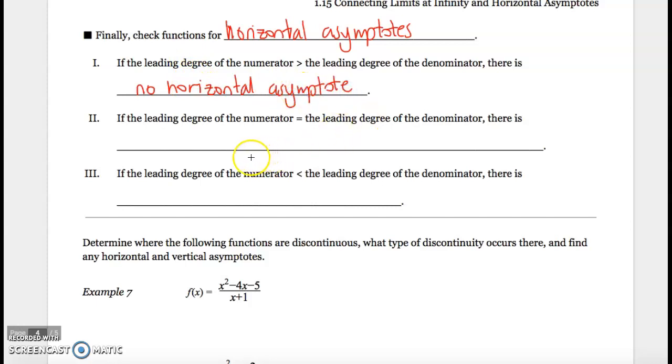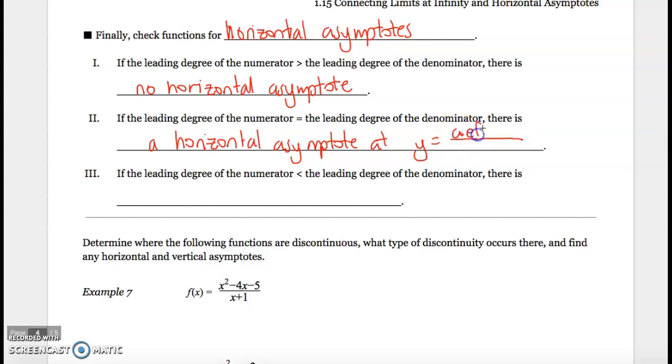Okay. If the leading degree of the numerator equals the leading degree of the denominator, there is a horizontal asymptote at y equals their coefficients.